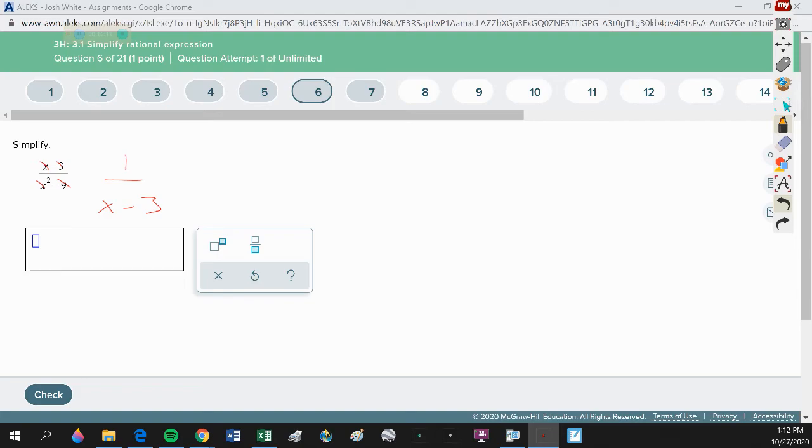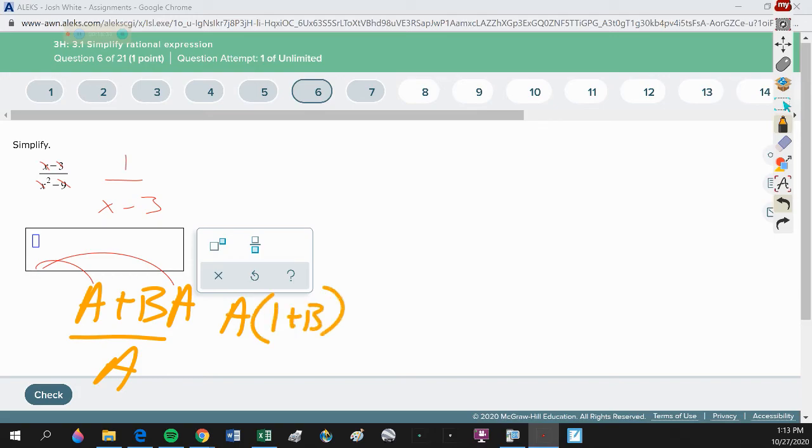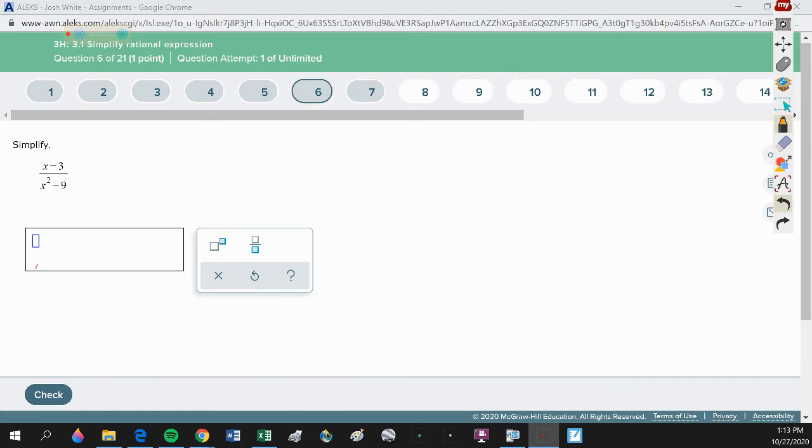The only way to cancel is to cancel multiplication. So if I have a plus b over a, there's nothing I can do, right? But if there's an a over here, then I can pull out an a, and then I have 1 plus b over a, and now I can cancel. You can never cancel a part of an addition or a subtraction. It's just not doable. And it will make a little bit more sense in the last problem.